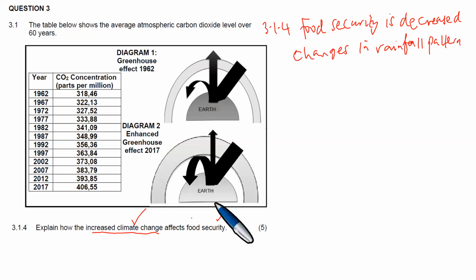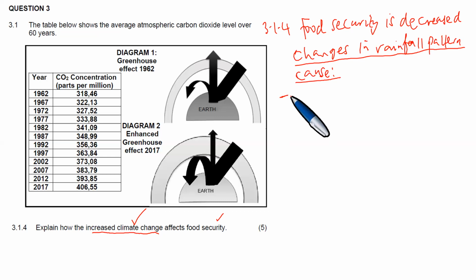So the increase in climate change creates changes in rainfall pattern. You might find that the rain does not fall at the right time.